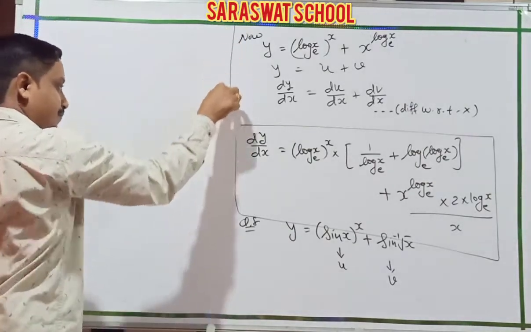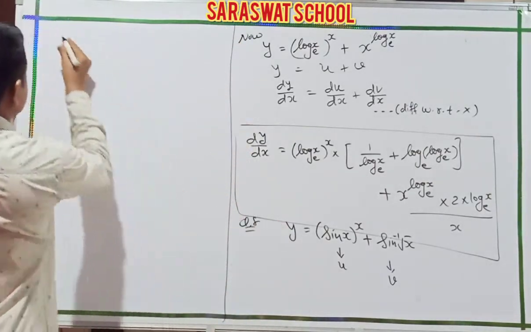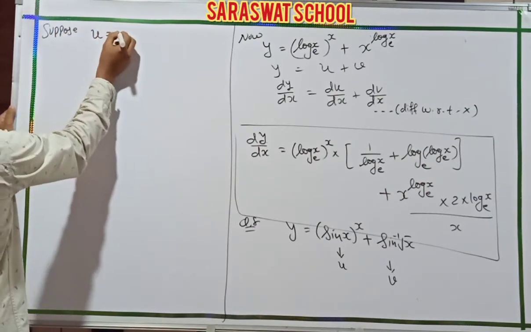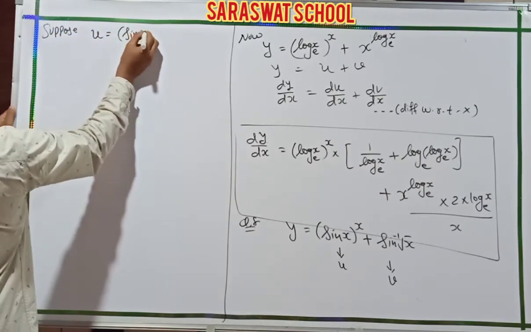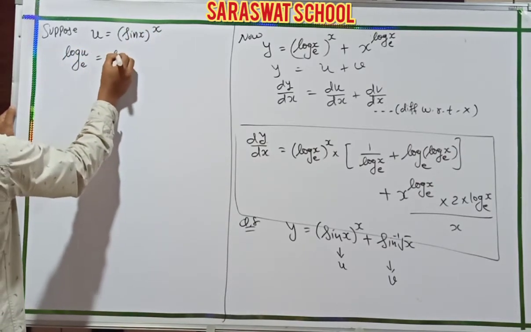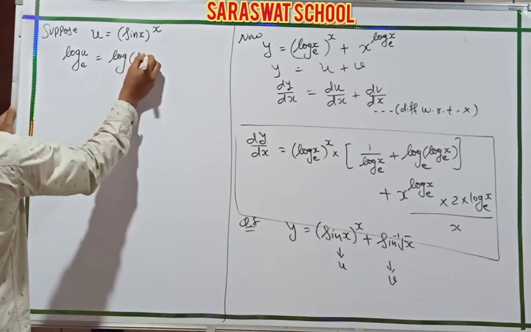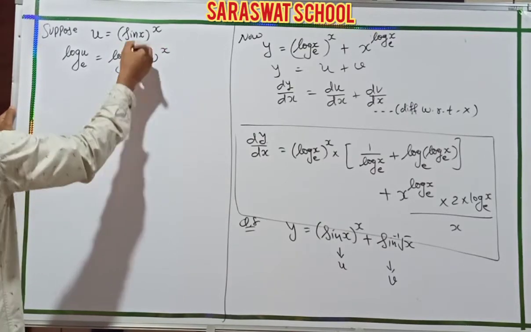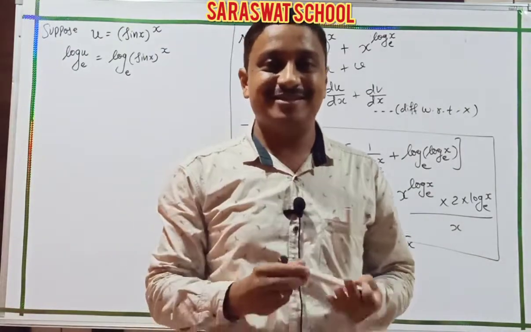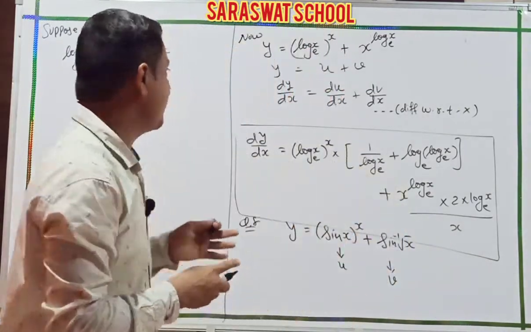So just start. Suppose u is equal to sin x to the power x, taking log on both sides because base and power are both variables. Yes, so the property is the same.